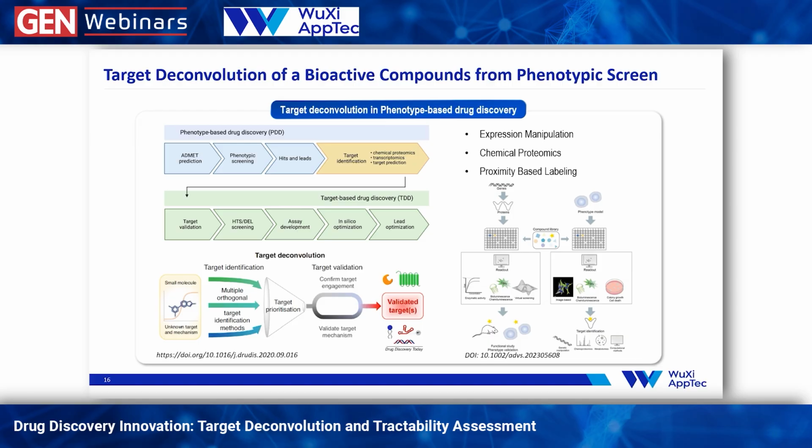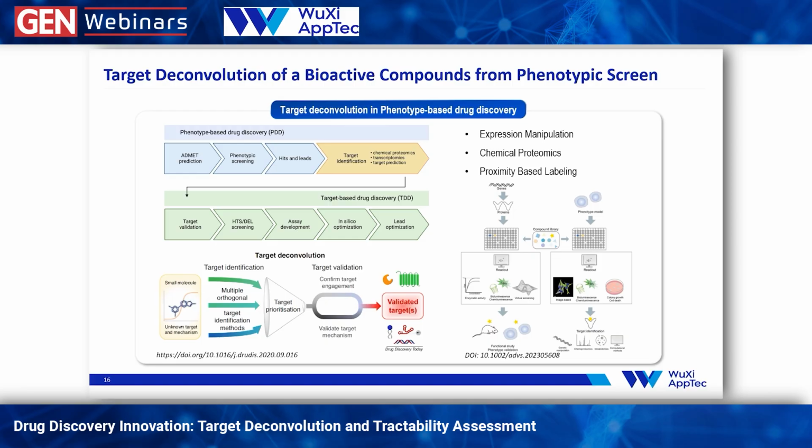But you don't actually know what this compound is binding to, or what the actual target is. So you need target identification, or target deconvolution, to help you identify the actual target so that you can go for downstream MOA analysis, pathway analysis, and lead optimization strategies.